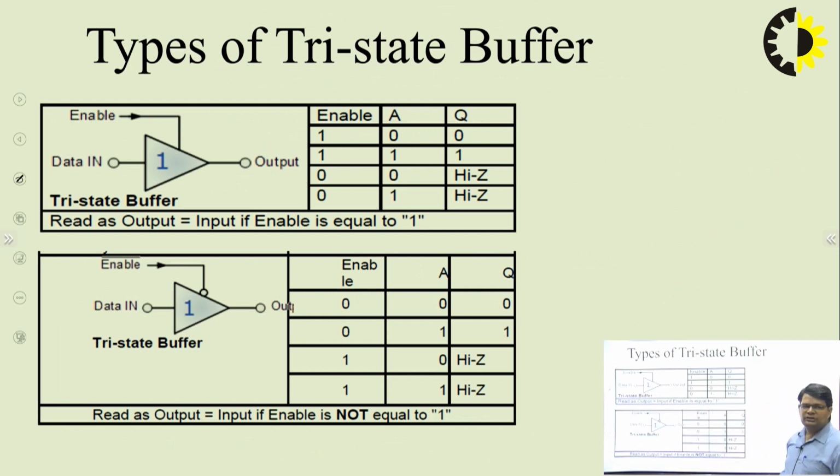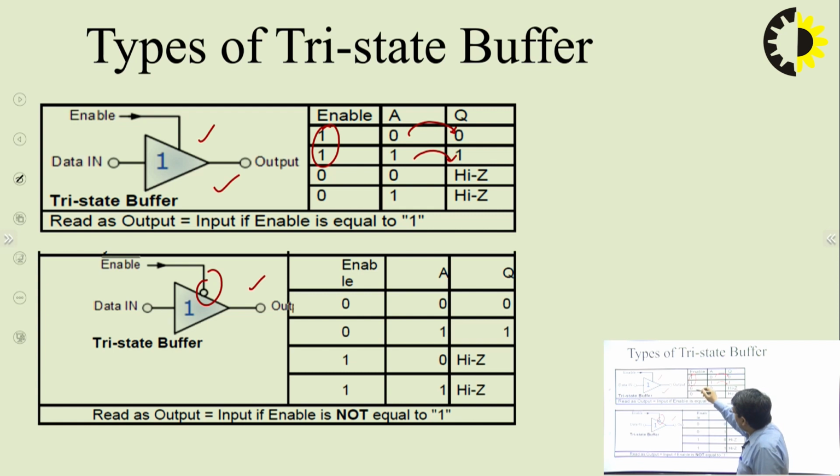As discussed in the previous slide, these are the examples of tri-state buffers. This is with positive control logic and this is with negative control logic. So in the first case, when the enable is 1, the input is transferred as it is at the output, and when the enable is 0, the tri-state buffer is disabled.